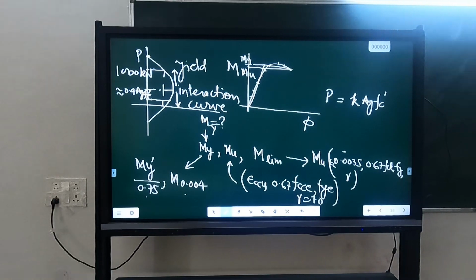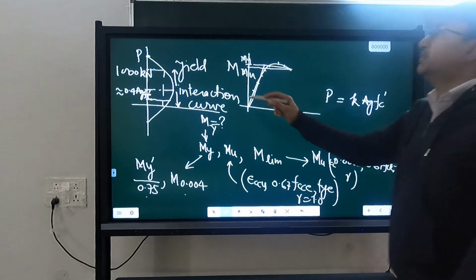Sir, in this interaction curve, we are finding capacity for a particular section. Let's say one section with some reinforcement, 20%, another section with 30% reinforcement. Here I know Ast, also the size of section, also the grade of concrete. Then I also know the force taken by steel and concrete, and you can calculate Pu itself. You can calculate this capacity itself.